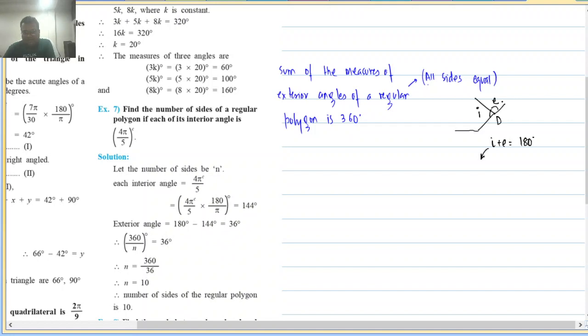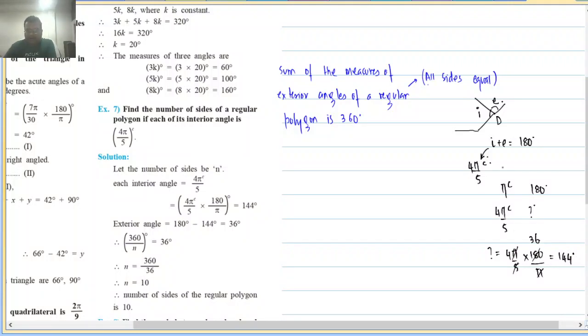But what is I given as? 4 pi by 5 radians. We know that pi radians is 180 degrees. So 4 pi by 5 radians is how many degrees? Question mark is 4 pi by 5 into 180 upon pi. 5 36s, 36 twos are 72, 144 degrees.